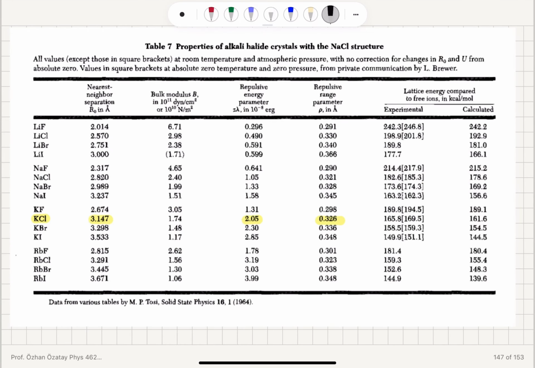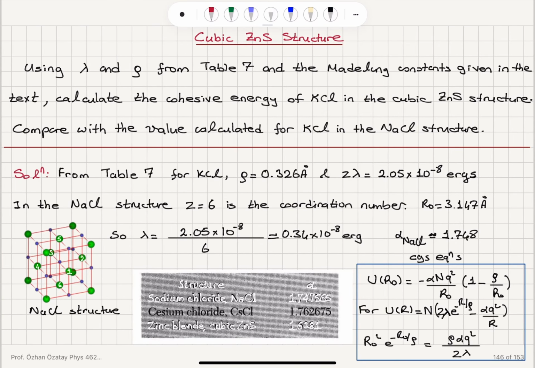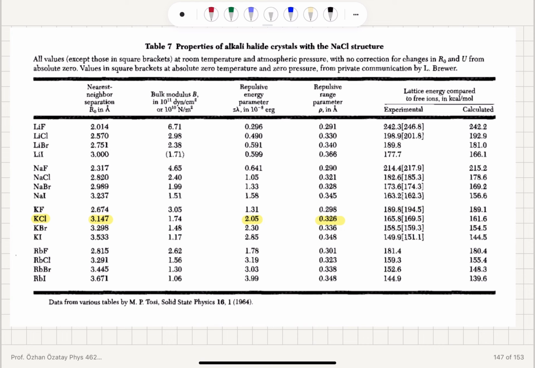All right, so in this problem, we're talking about the zinc sulfide structure. We use lambda and rho values from table 7 and Madelung constants from the text to calculate the cohesive energy of potassium chloride in two candidate structures, zinc sulfide and sodium chloride structure. From table 7, we read R0, Z lambda value and rho in the sodium chloride structure.